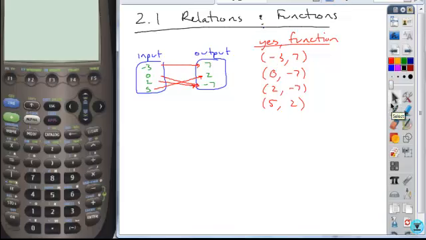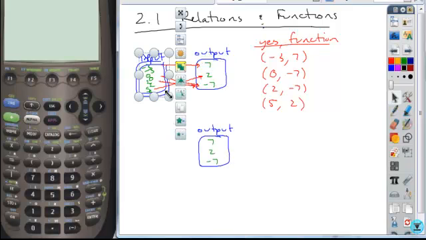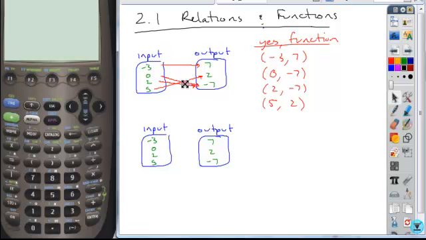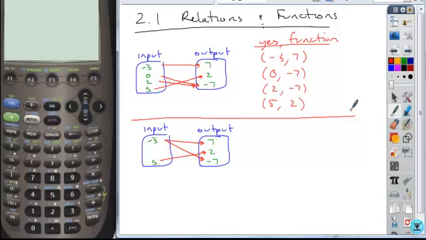Okay, so let's take a look at another case of this. Let's say your inputs are just a little bit different, and the inputs look like the following. If you are evaluating this visual image and trying to identify whether this is or is not a function, we find the ordered pair that corresponds.